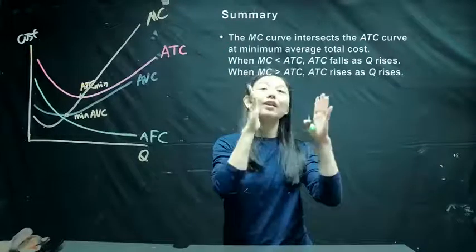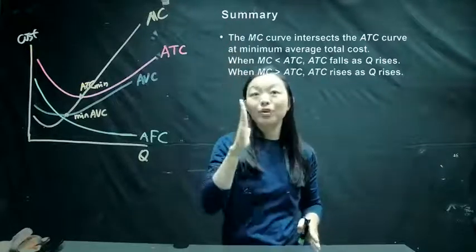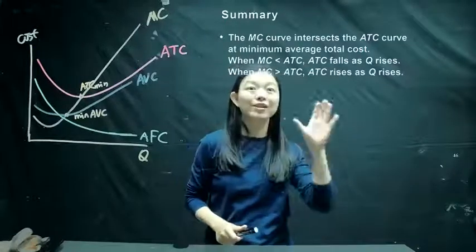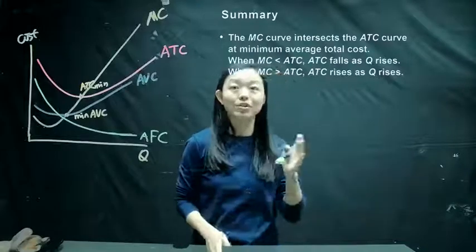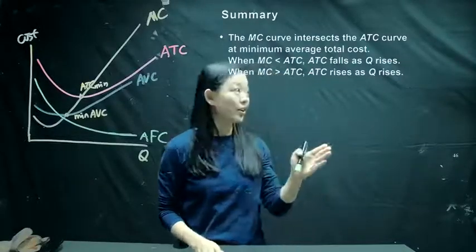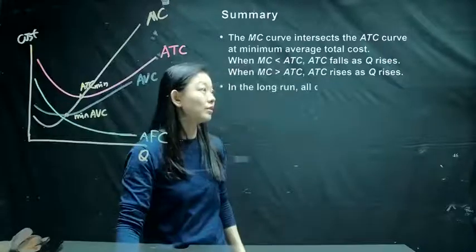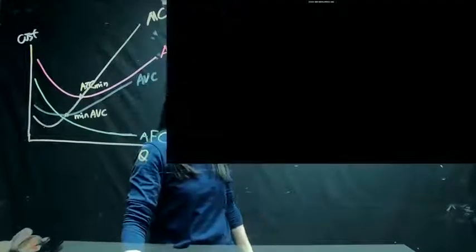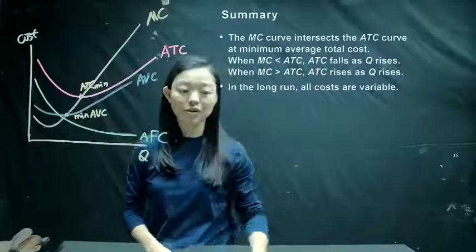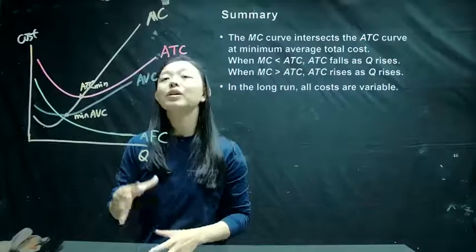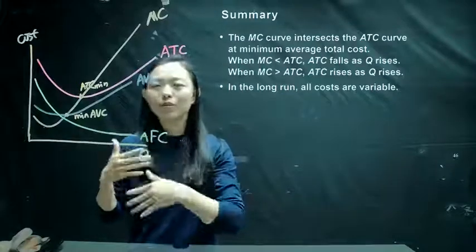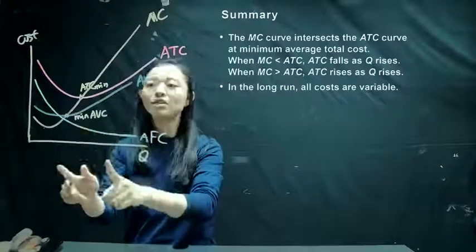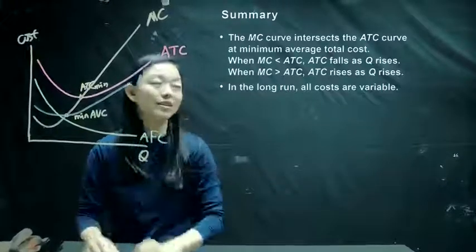However, on the right-hand side of that minimum point, marginal cost is larger than average total cost, and average total cost will increase as output increases. In the long run, all the costs will be variable. So I think that's the end of chapter 13. In this chapter, remember there are more formulas you need to remember to compute those different types of cost, and this graph is very important. Thank you so much.